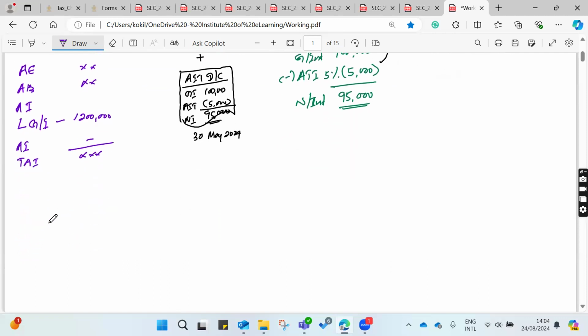Then you will deduct relief and qualifying payments, and then you will get taxable income, and then you will apply the tax rates. I'm not going to explain all the rates and things.